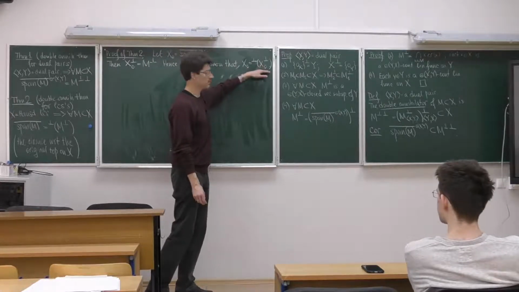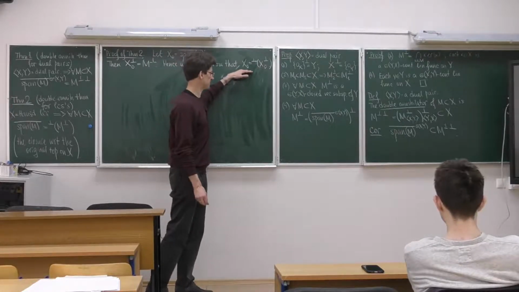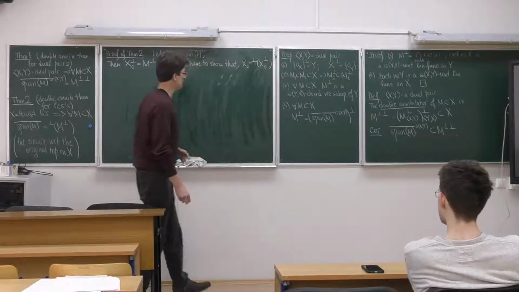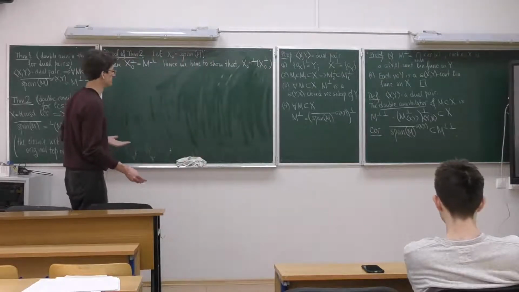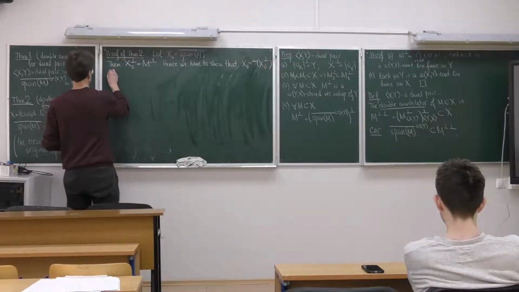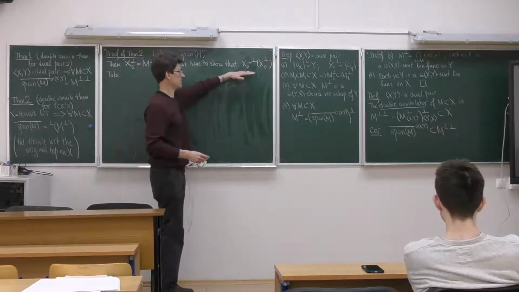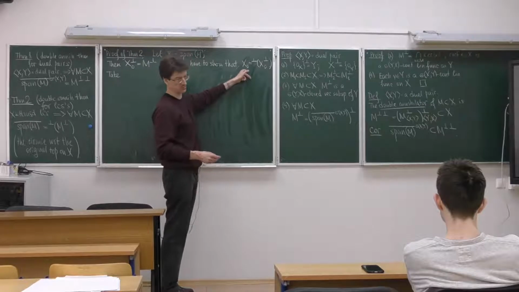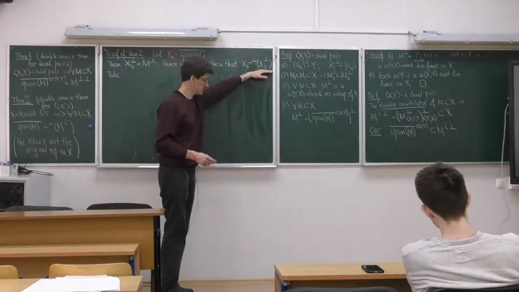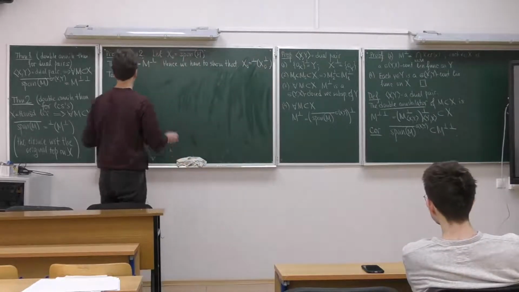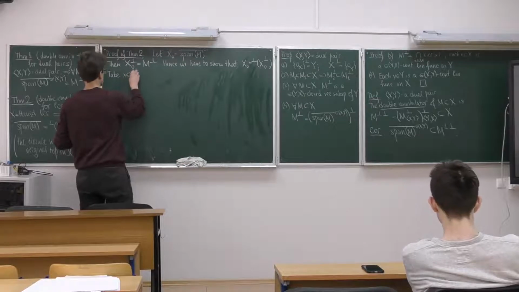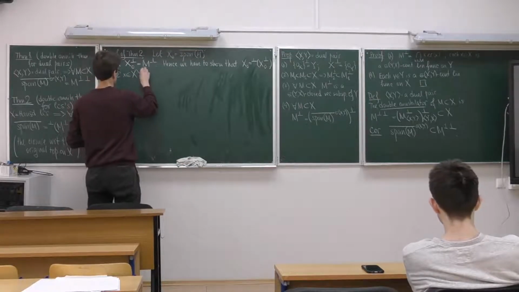So obviously we have the inclusion: this subspace is contained in this one. So we have to prove the opposite inclusion. So actually we'll show that if an element does not belong to X0, then it doesn't belong to the right-hand side. So we take an element x which is not in X0.